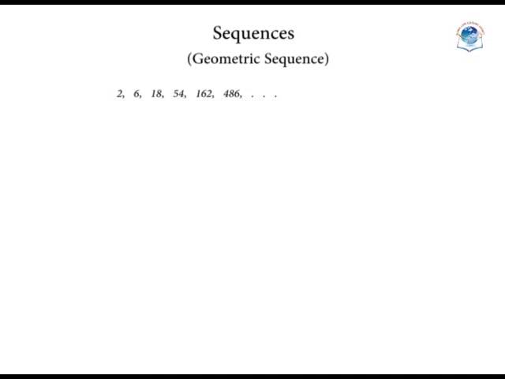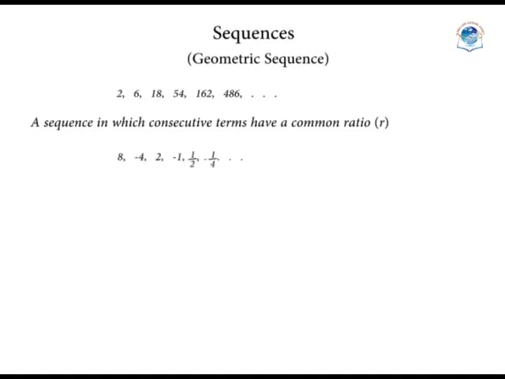This common multiplier is called the common ratio, R, and the sequence is called a geometric sequence. By definition, a geometric sequence is one in which consecutive terms have a common ratio. The ratio could be a fraction or even a negative number. For example, in this sequence, the common ratio is negative a half. The first term in a geometric sequence is still A.